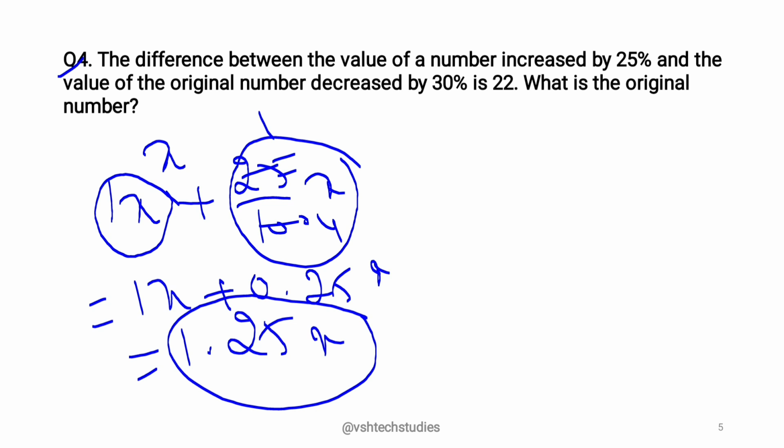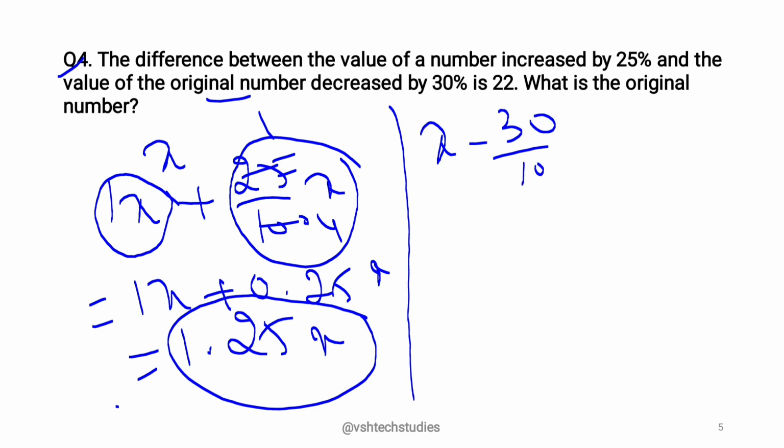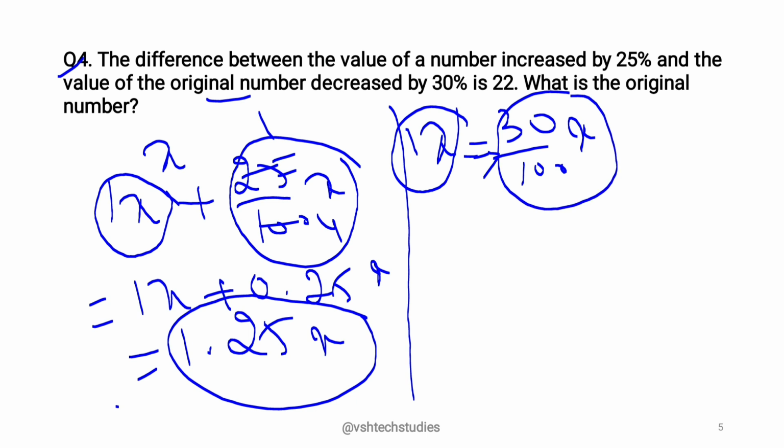That is the first point. Next, the value of the original number decreased by 30%. Means the original number is x, decreased by 30%, minus 30 upon 100 x. So this is 1x means 100% x. Minus means decreased by. So it is decreased by 30%. If you simplify this, 10 threes are 30, 10 tens are 100, 1x minus 3 upon 10x.